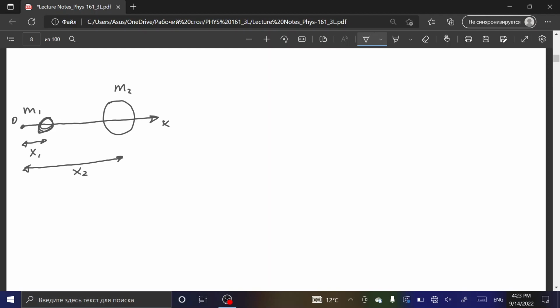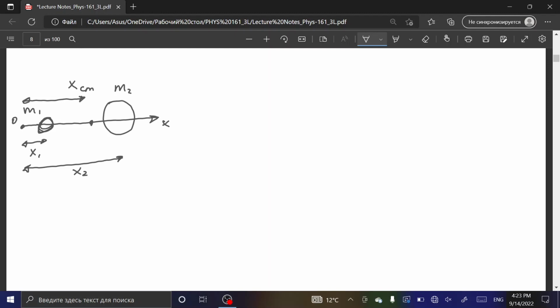For instance, if we consider planet Earth and the Moon, the center of mass is actually located inside the Earth. So it's not even somewhere outside the Earth, because the mass of our planet is much higher than the mass of the Moon. So somewhere here we can assume that this will be the coordinate position of the center of mass along axis x for this given system.